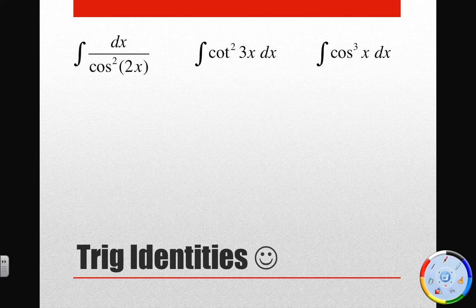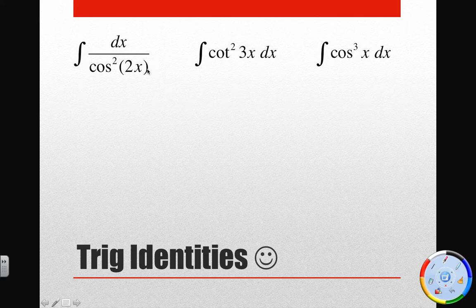Every once in a while, trig identities will show up. So this is one reason we kind of stressed it last year. So let's look at these one at a time. And I have cosine squared 2x.